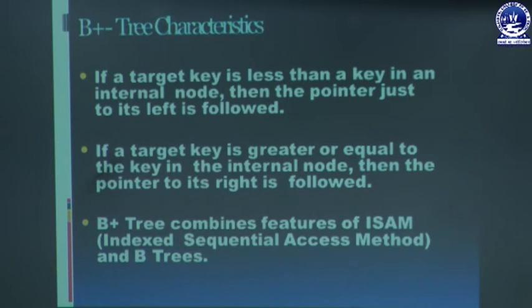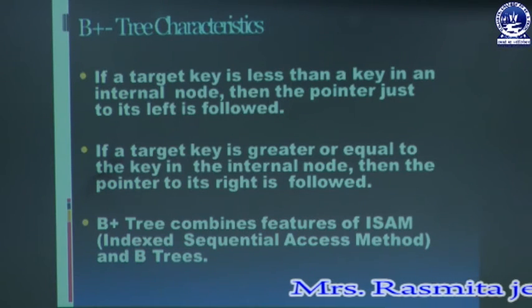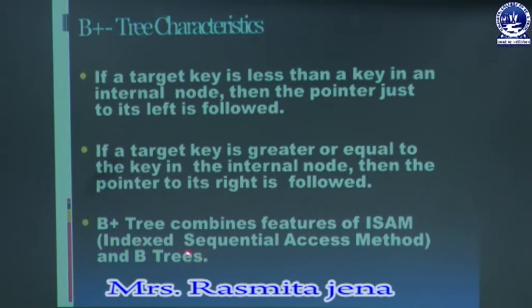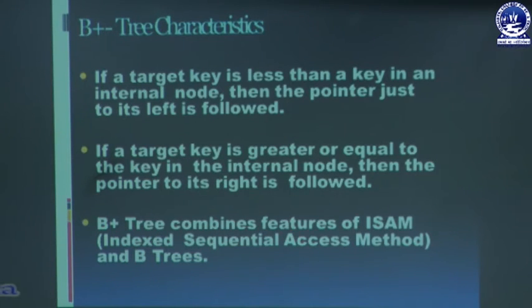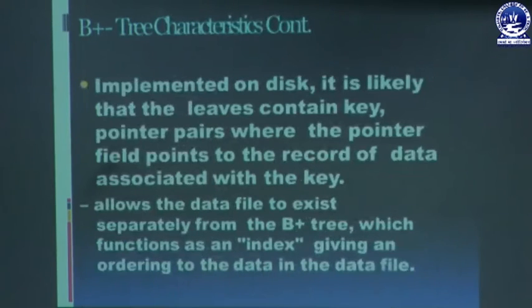The B plus tree combines the features of ISAM, that is index sequential access method, and B tree. It follows the index sequential access method as well as the B tree access method for insertion, deletion and searching a particular record. The next characteristic is that we can implement it on disks.